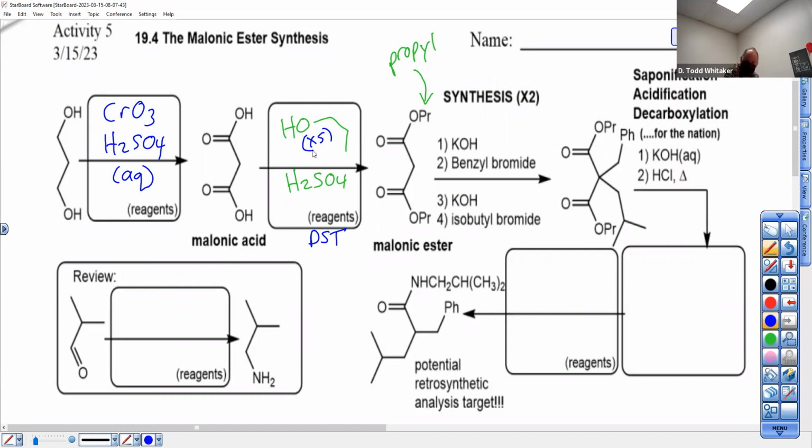And then we're going to do synthesis times 2. You do realize there's 2 alpha H's, alpha to 2 carbonyls, right? This is the beauty of the Malonic ester synthesis. Those H's are easy to take off because of their pKa being 10. So it makes a very easy nucleophile. And what we're doing here, KOH takes an H off, benzyl bromide is this one, isn't it?